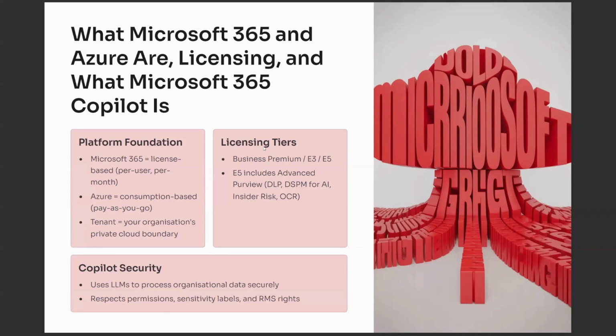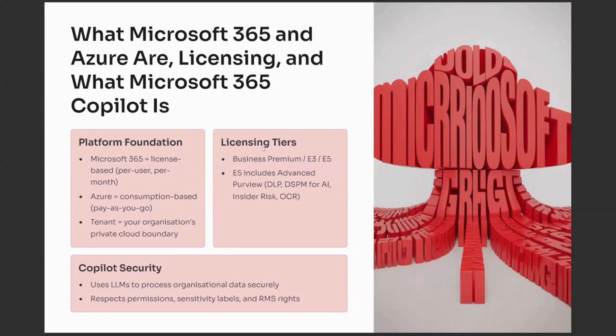Like I said about Microsoft 365 licensing, having what you need to be able to deploy Copilot is mostly based on the licensing you have. For instance, you have Business Premium, you have E3, you have E5 licenses.